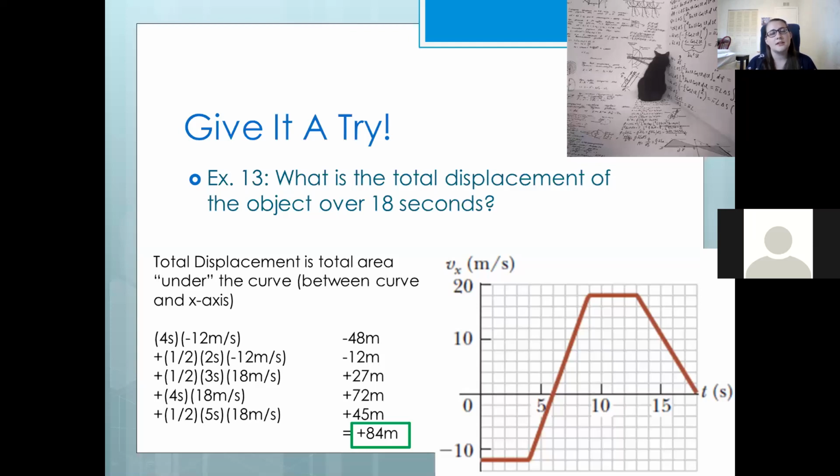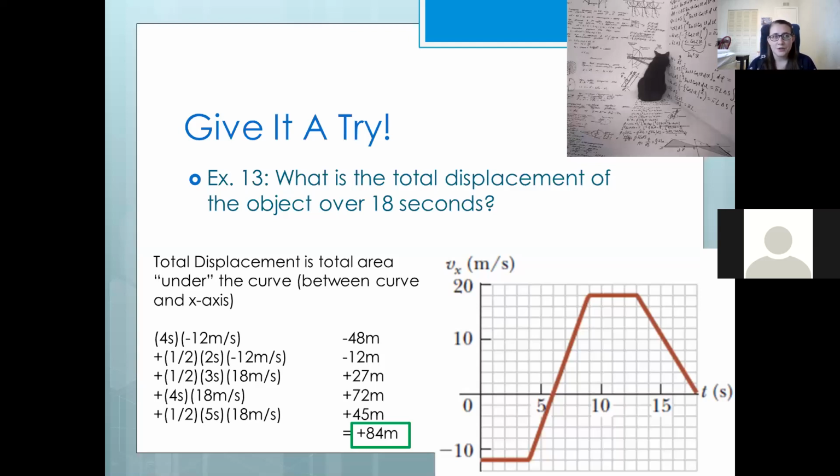How would we find the acceleration knowing what we know? Good, Kobe. Yeah. We would take the slope of each section of this graph, right? The slope of velocity gives us acceleration.